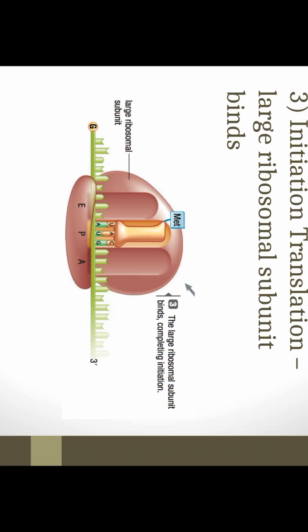And then the last part happens, which is the large ribosomal subunit attaches. I like to think of it like a hamburger, where there's a bottom bun, which is the small ribosomal subunit, and then the information tape, or the meat, which is like the mRNA, and then the large subunit.